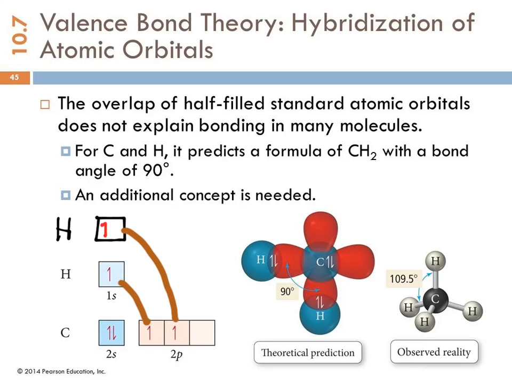This idea of just overlapping half-filled orbitals gave us a better answer than VSEPR theory for dihydrogen sulfide, but this isn't good. Because not only is the bond angle wrong, but the number of hydrogen atoms is wrong. In reality, we observe there are 4 hydrogens. It has a tetrahedral geometry with 109.5 angle. So obviously something's missing. We need an additional concept.